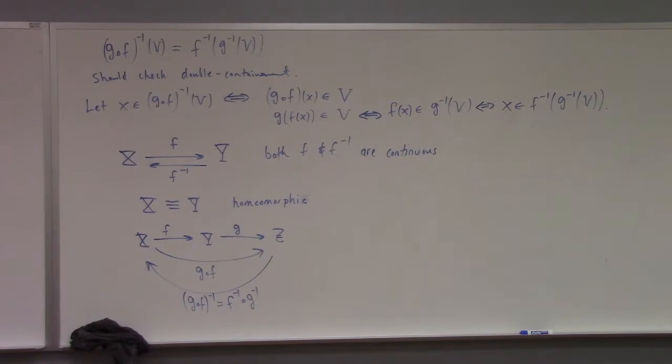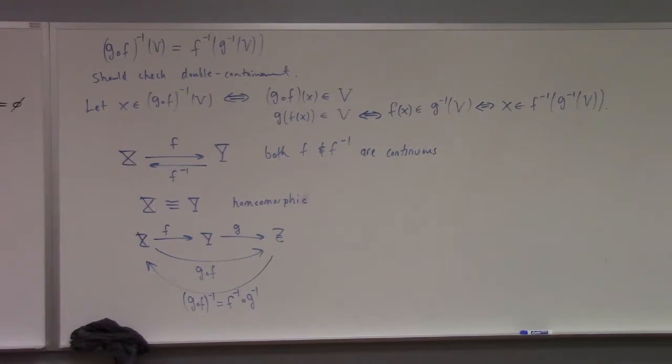T2, also known as Hausdorff, says for distinct X and Y, there exist U, V open, such that X is in U, Y is in V, and U intersect V is empty. So there exist disjoint open sets. You can separate points with disjoint open sets.